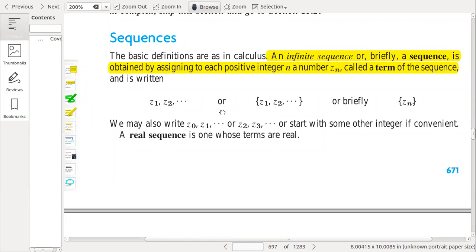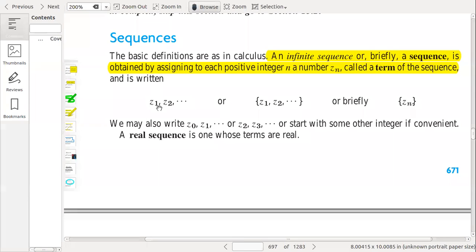So if we count 1, there should be one term. If we count 2, there should be the second term. And if we count 3, there should be a third term. That is why there is a correspondence between the terms and the positive integers.